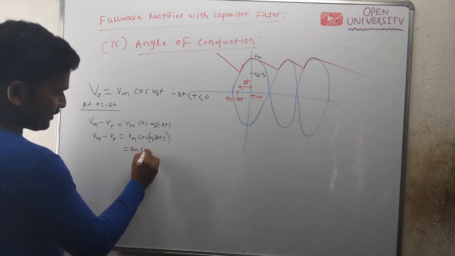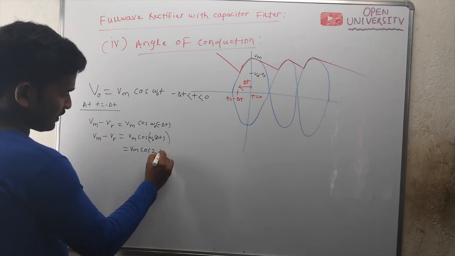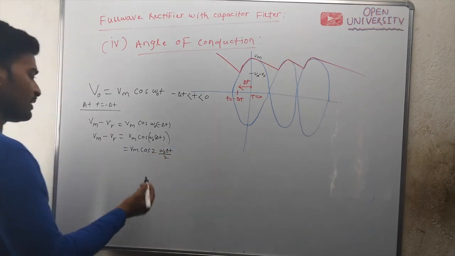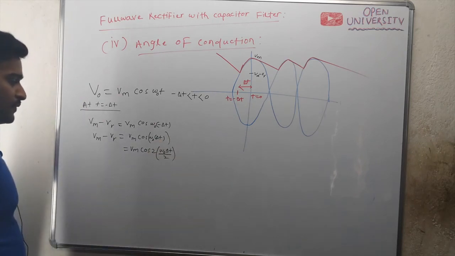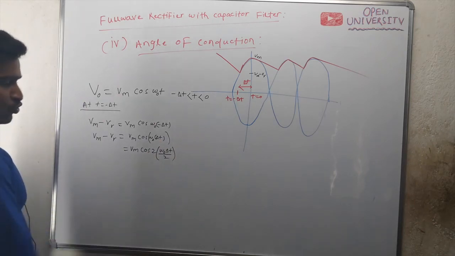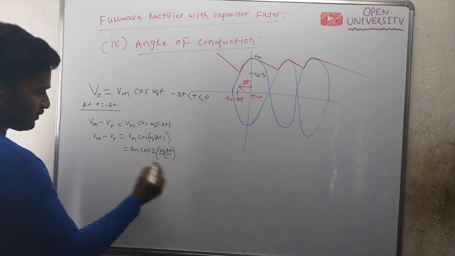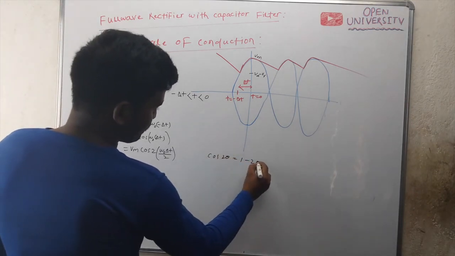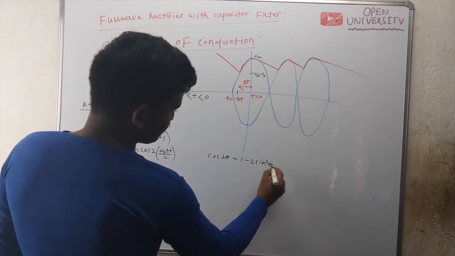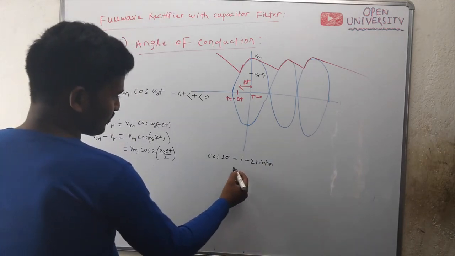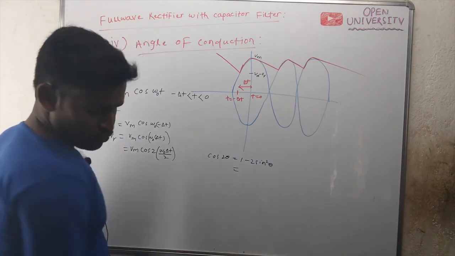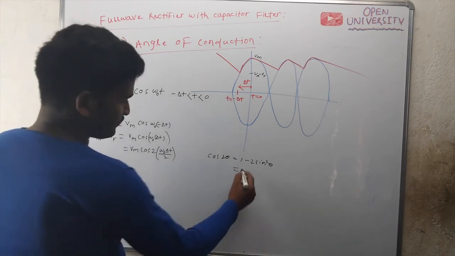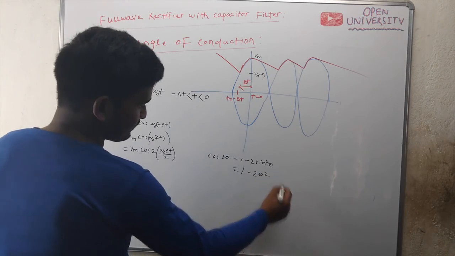I am multiplying by 2 and dividing by 2. Then it will be cos 2 theta, which is equal to 1 minus 2 sin square theta. And if theta is small, 1 minus 2 sin square theta will be 1 minus 2 theta square.